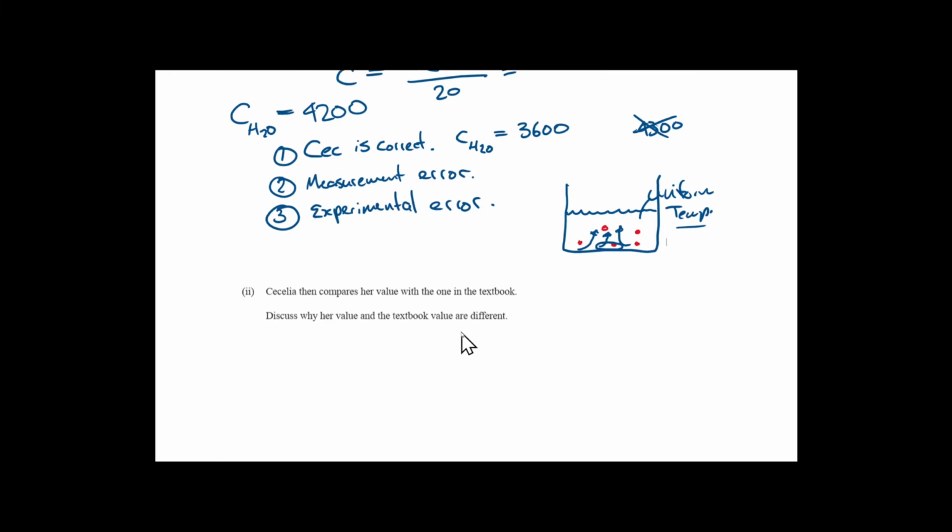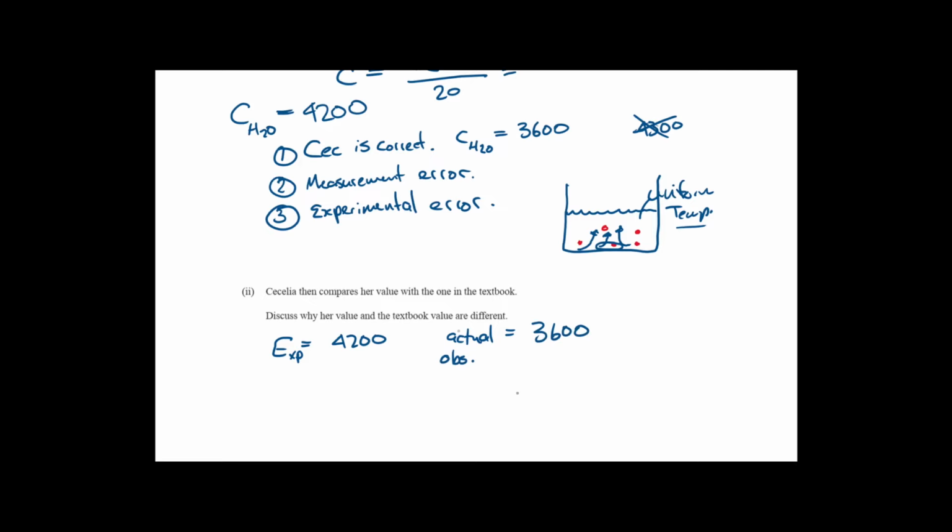I'll answer it here. The expected value is 4,200. The fact that she has less than that, I'm going to call it actual. She may have made a mistake. The actual observed is 3,600.